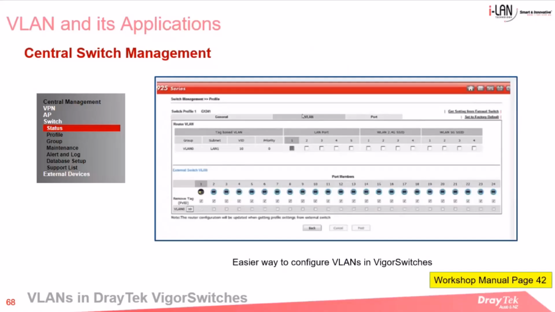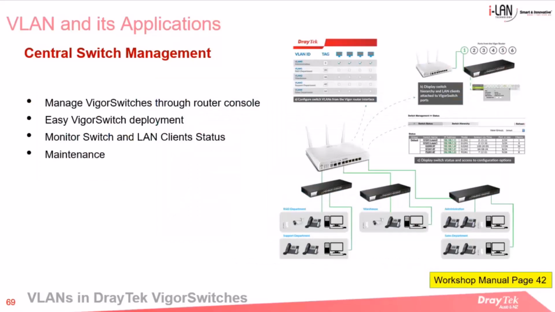Basically, you can do everything in here: monitor the switch, set up the VLAN, check the groups, and do maintenance as well. You can do the maintenance tasks as well as monitor the switch, LAN client statistics, etc.